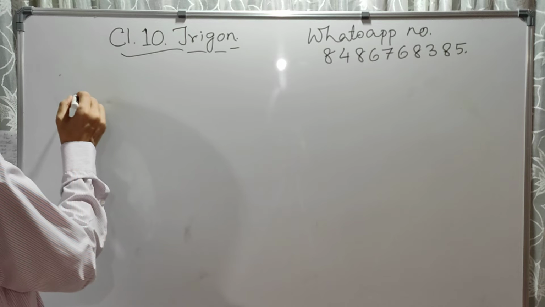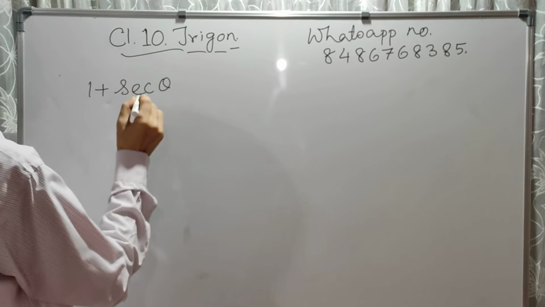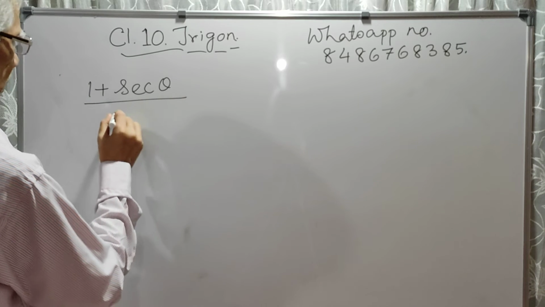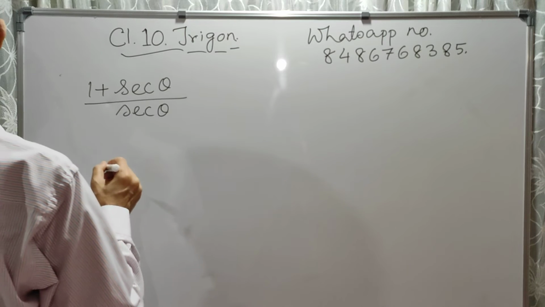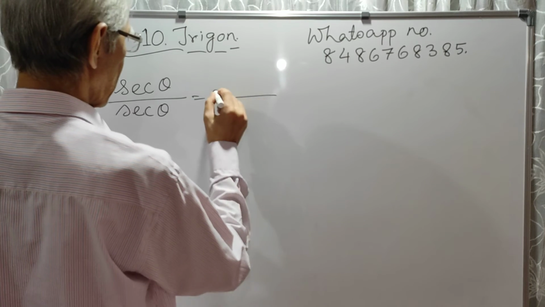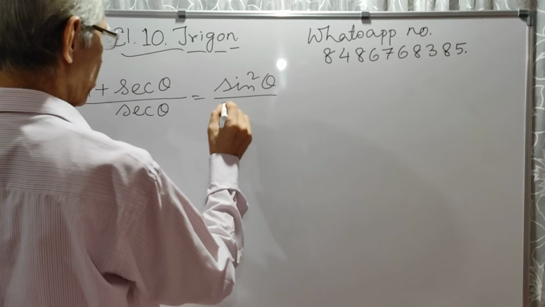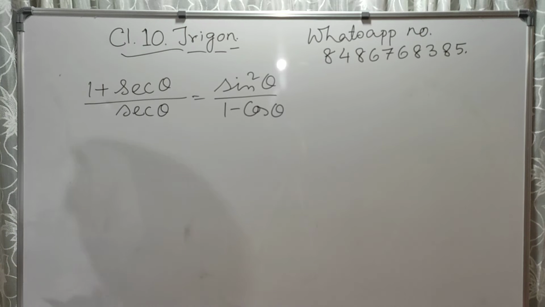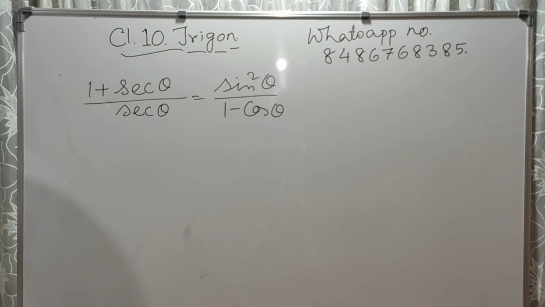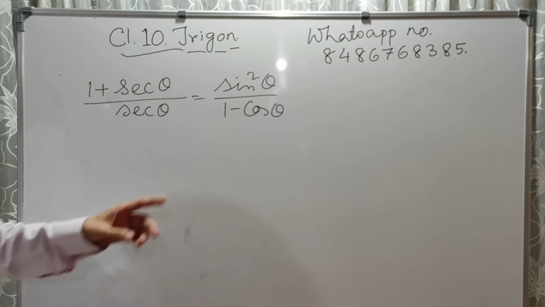Yeah, this one: prove (1 plus sec theta) by sec theta equal to sine square theta by (1 minus cos theta). Again you see this side has sine and cos.